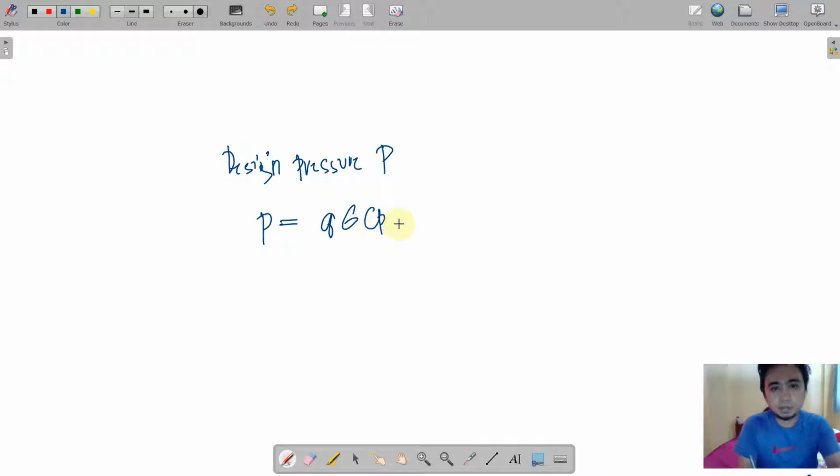Q GCP minus, and copyain mo yan. Lagyan mo lang ng I doon. Tapos ito, lagyan mo ng H.